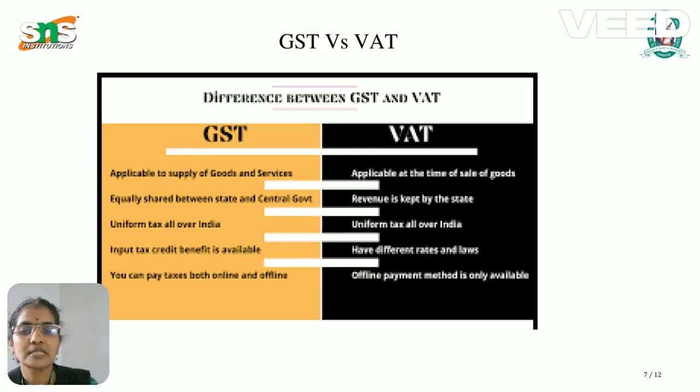GST is applicable at the stages of consuming goods and services, but VAT is applicable only to goods, not services. The second difference is that the amount is equally shared between the state and central government under GST, but under the VAT system, the amount is kept only in the state.